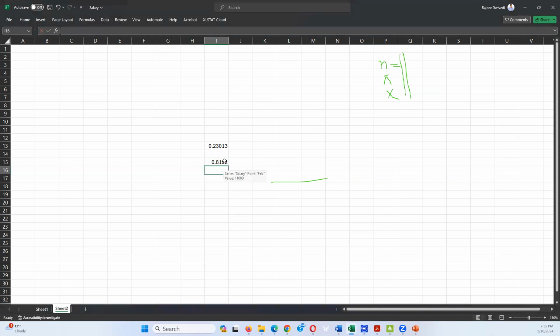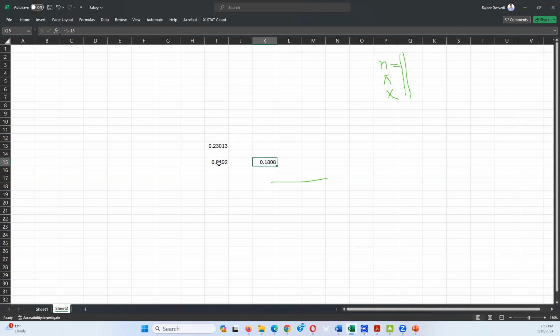You can see this is up to 1 and we need 2, 3, 4. So we need to take 1 minus this value and we get the answer. But through the graph, you can get the direct answer.